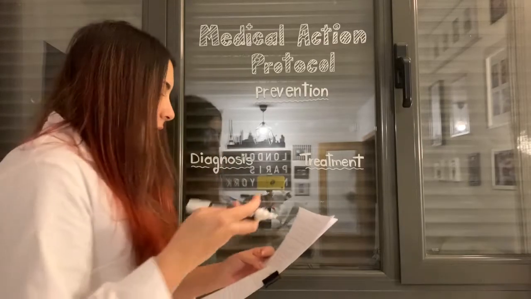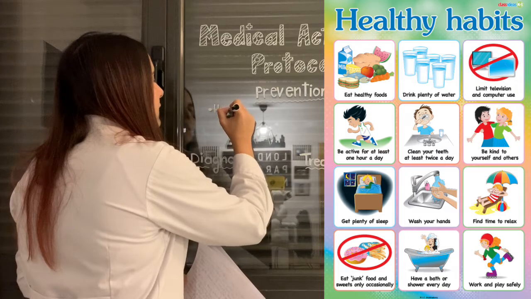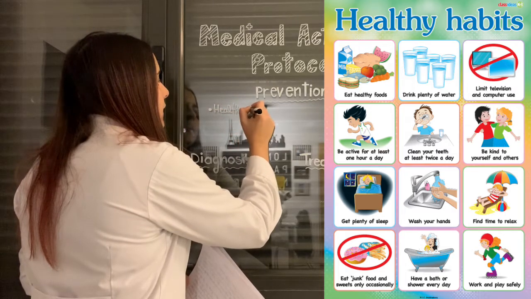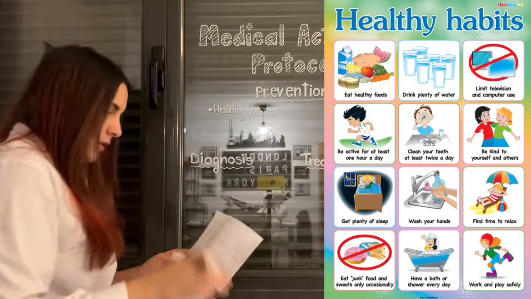We can do certain things to get this, okay? We have to tell our patients different things they have to do or they have to follow for not to get sick. The first thing we can tell them to do is telling them they have to follow healthy habits. Okay?